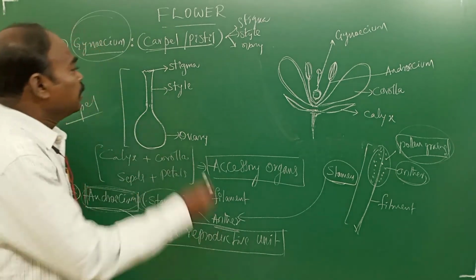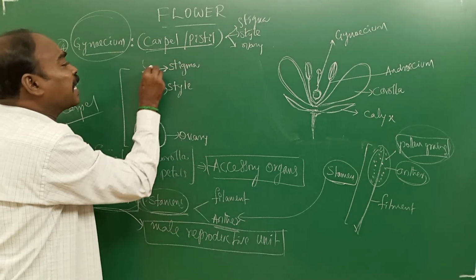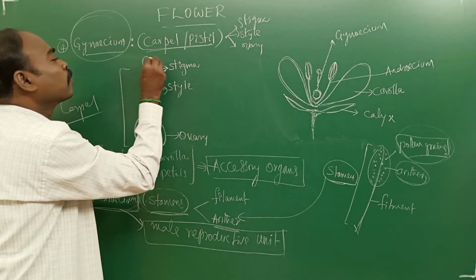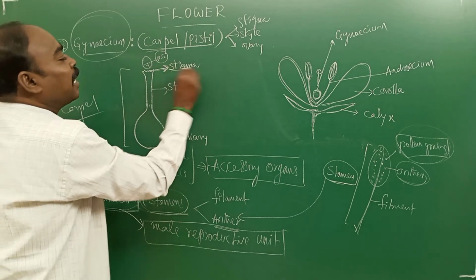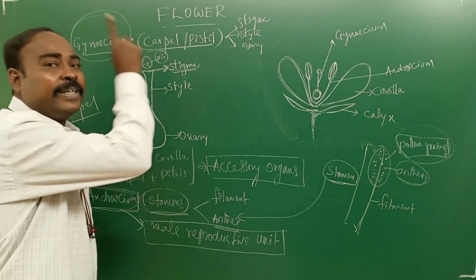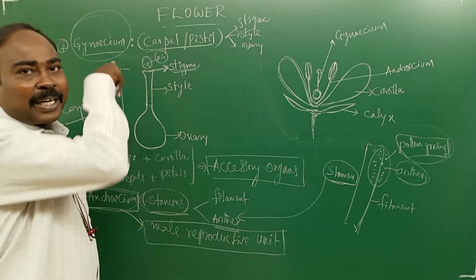The stigma is responsible for receiving pollen grains at the time of pollination. So the stigma acts as a landing platform for pollen grains.